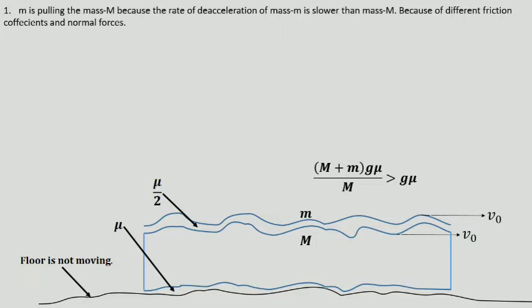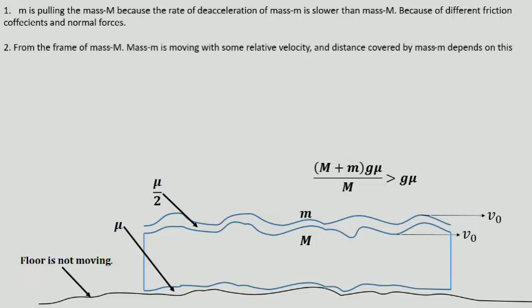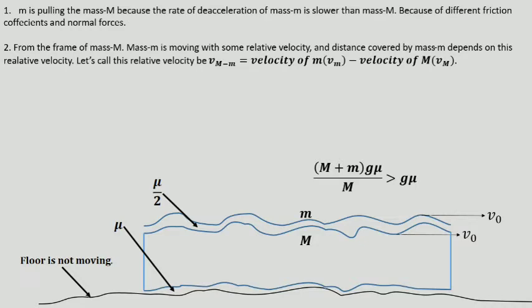And the second point is from the frame of reference of the capital M mass. If you sit on the capital M mass, you are able to see the small m mass moving with some relative velocity, and the distance covered by the m mass depends upon this relative velocity.